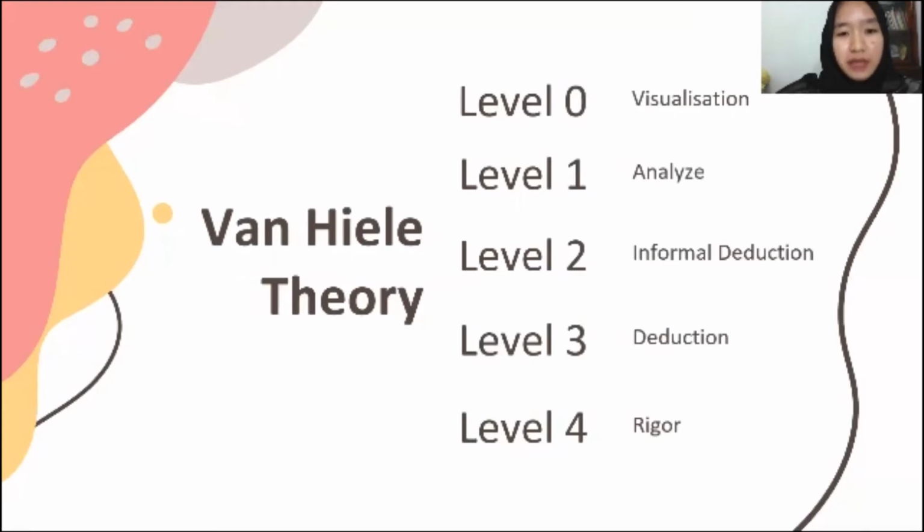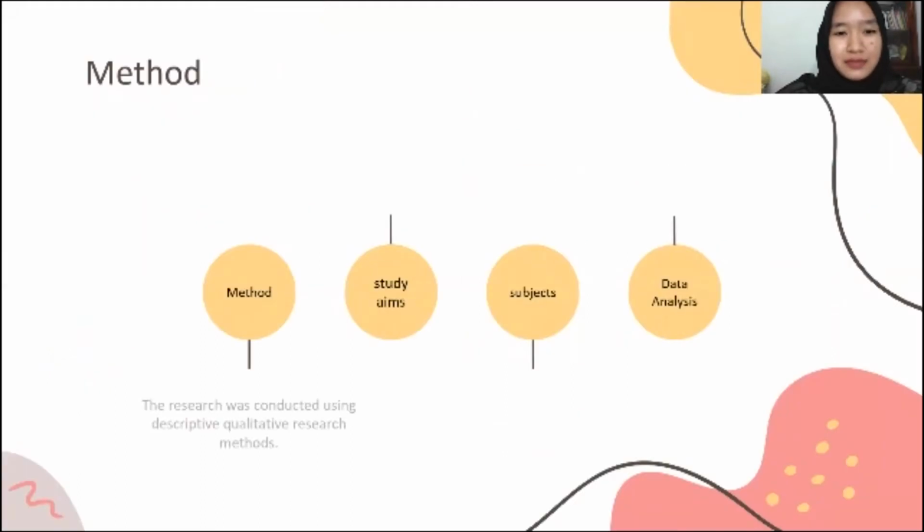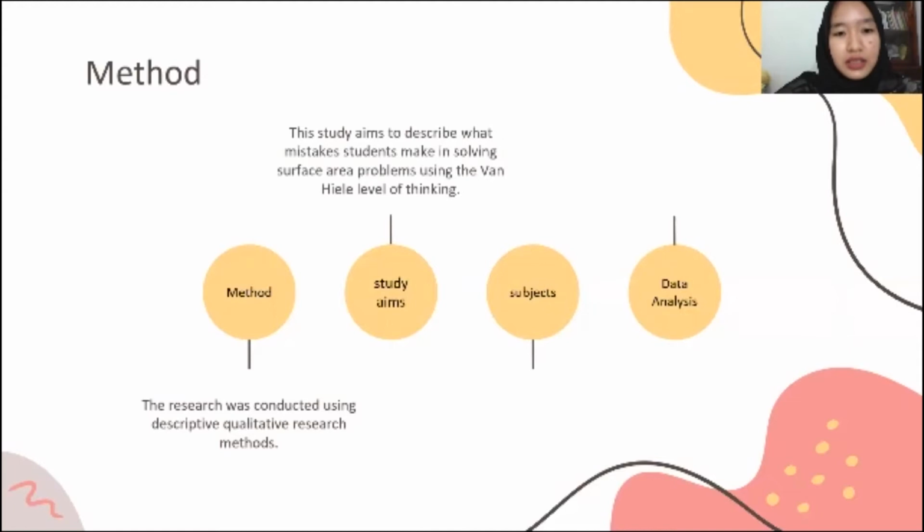After knowing the background, now we go to the next, its method. The research was conducted using descriptive qualitative research method. This study aims to describe what mistakes students make in solving surface area problems using the Van Hiele level of thinking.